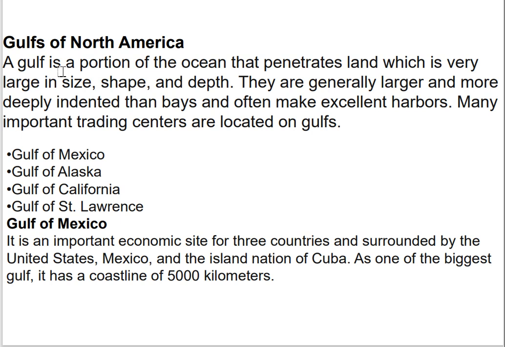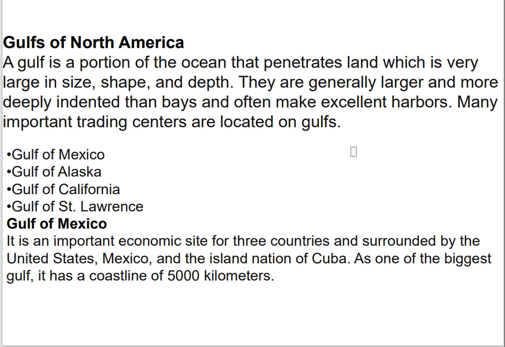Gulfs of North America. What is a gulf? A gulf is a portion of ocean that penetrates the land and is very large in size, shape, and depth. They are generally larger and more deeply indented than bays and often make excellent harbors. Many important trading centers are located on gulfs. So what is the difference between a gulf and a bay? Gulfs are larger in size and deeper.